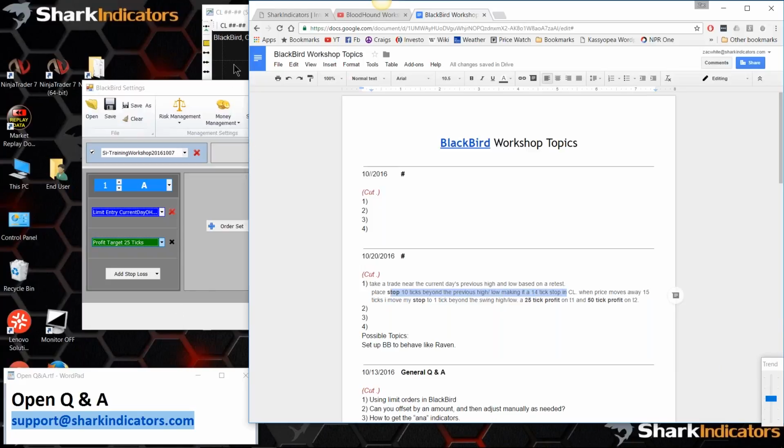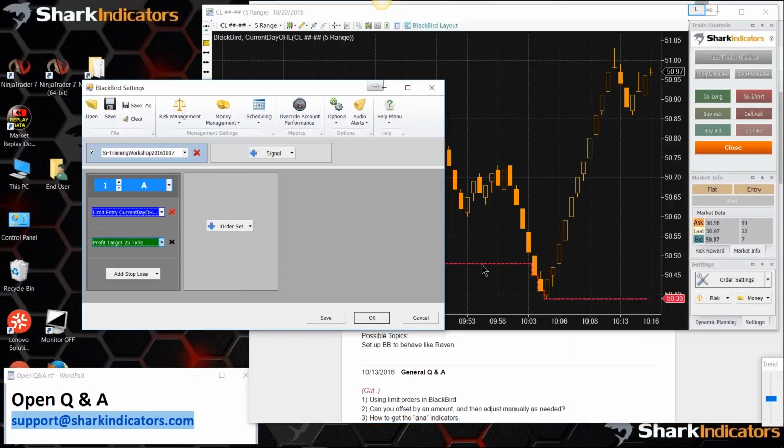So what that means is that we want our stop loss to be 10 ticks beyond this low indicator. We have an indicator that's tracking the current day's low price, and so we want the stop loss to be 10 ticks beyond that low. So we can do that there.